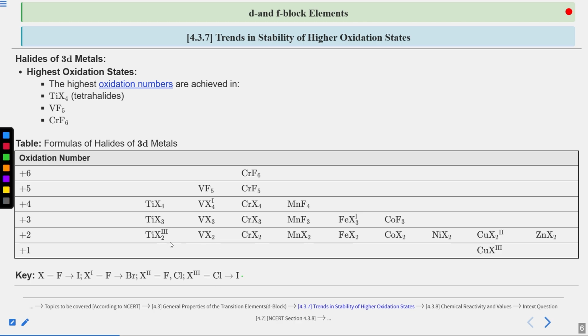So except fluorine, titanium makes the halide from chlorine to iodine. This is how the formation of different halides with the halogens in the 3d metals is shown, having different oxidation numbers.